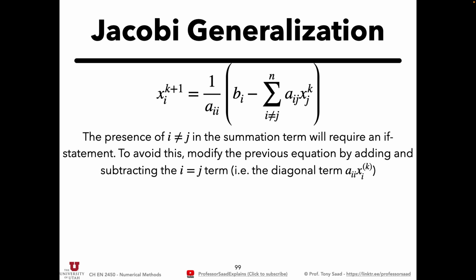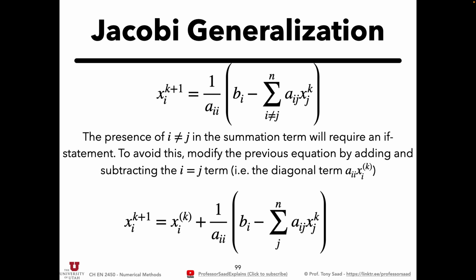So if I add and subtract aii xi^(k), the kth iterate, in those parentheses, I'll take one of it and put it in the summation. So then we will have the full summation. And then you'll end up with one extra term over here, because this was aii xi^(k), and divided by aii, you get xi^(k), the kth iterate. And then this looks programmatically simpler because I don't have an if statement over here anymore.